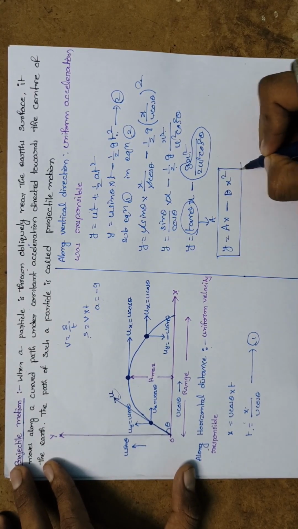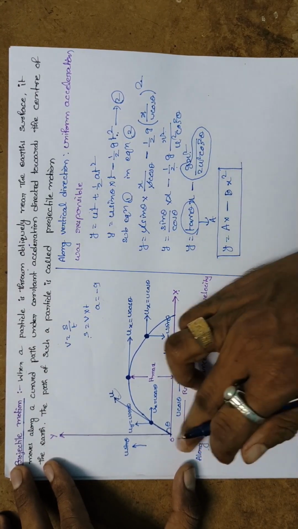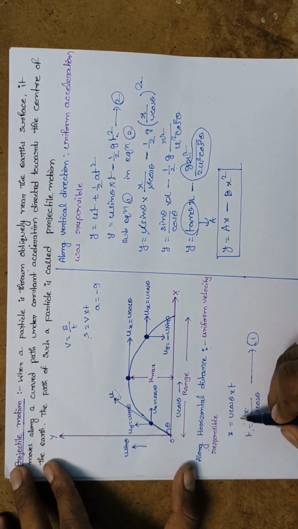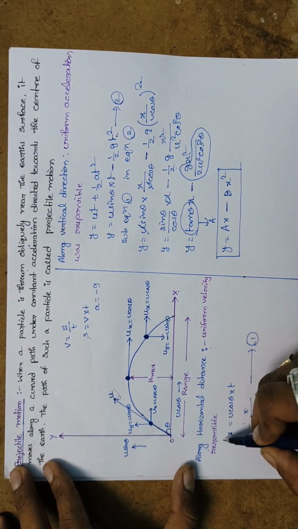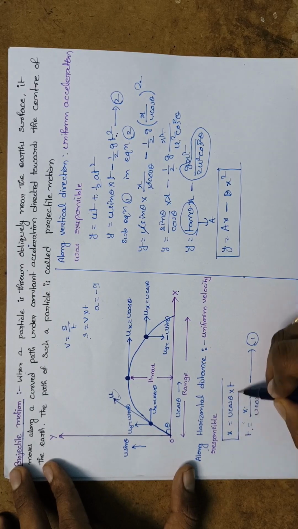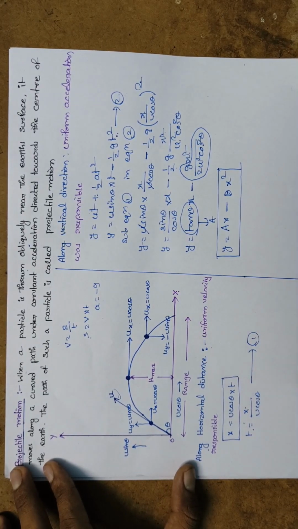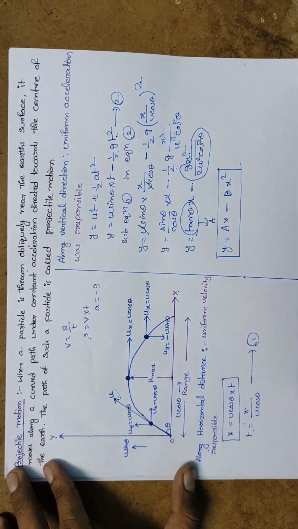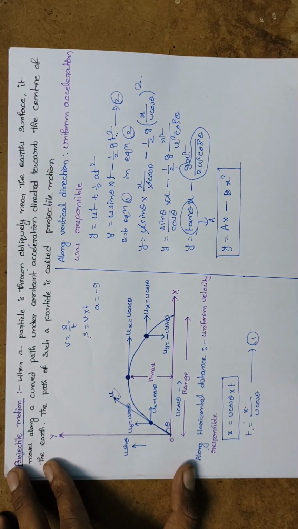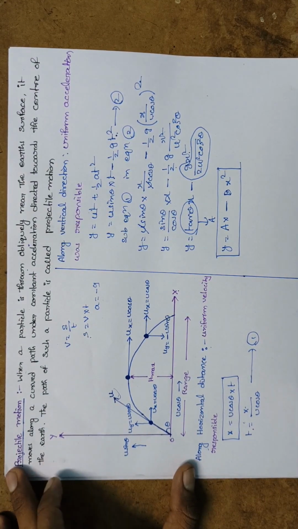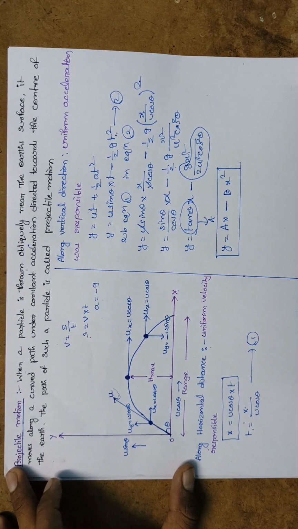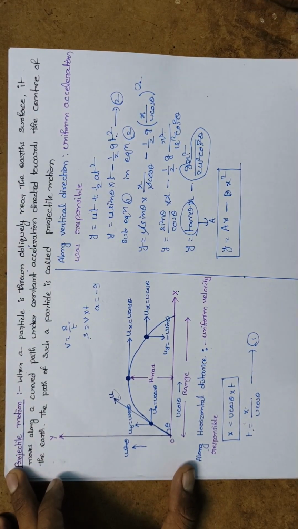Okay, so this is the displacement equation along the y-axis. Along the x-axis, x is equal to u cos theta into t. Okay, so in the coming session, projectile motion part 2, we will discuss maximum height, time of flight as well as horizontal range. Okay, so I hope you understand. Thank you.